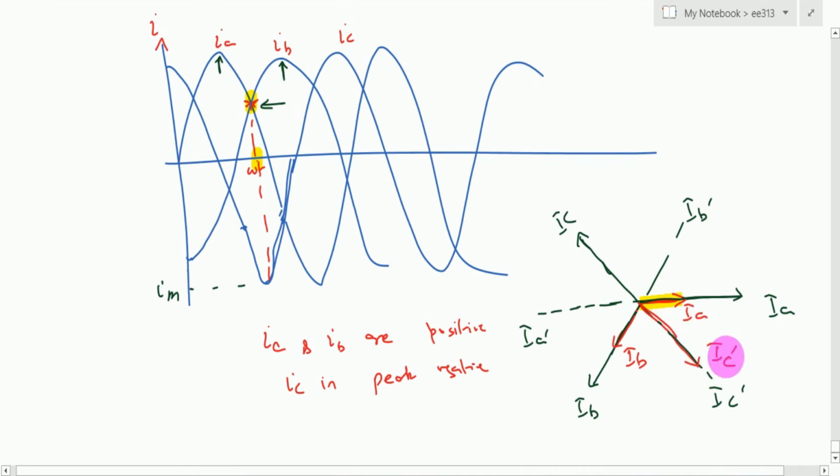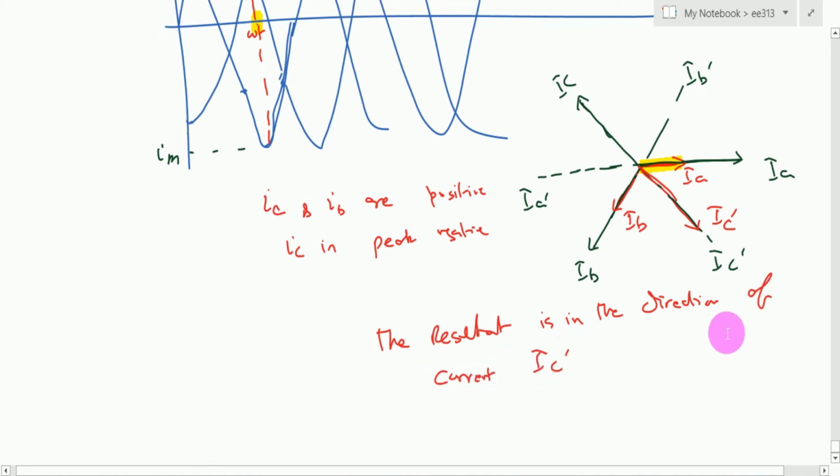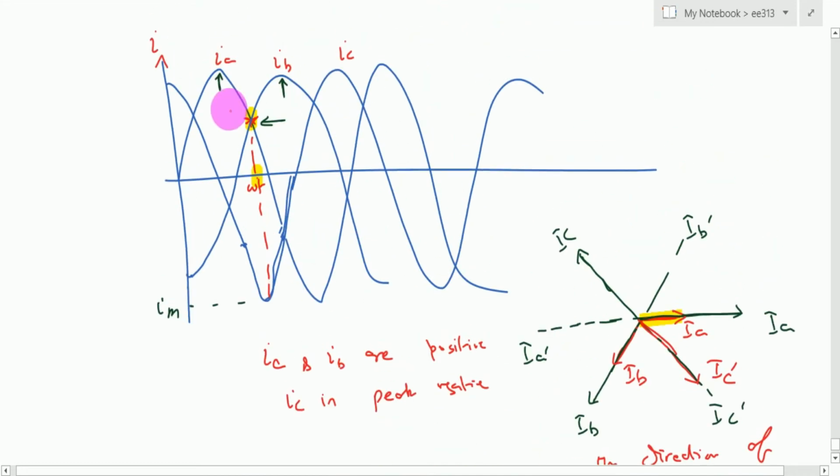Because IA and IB are both positive and IC is more negative, the cumulative effect is that the resultant sum of these three vectors is in the direction of current IC dash. This changes if we move on to this particular point.